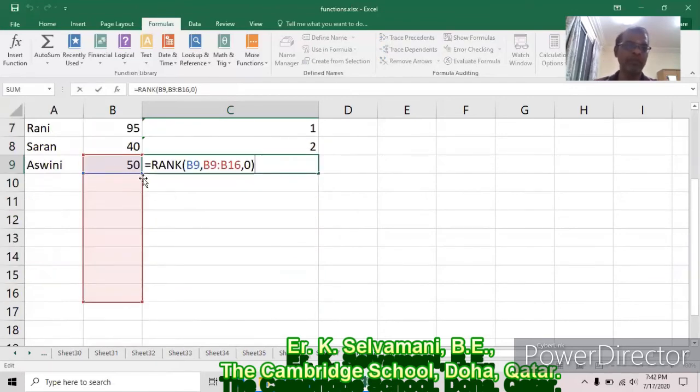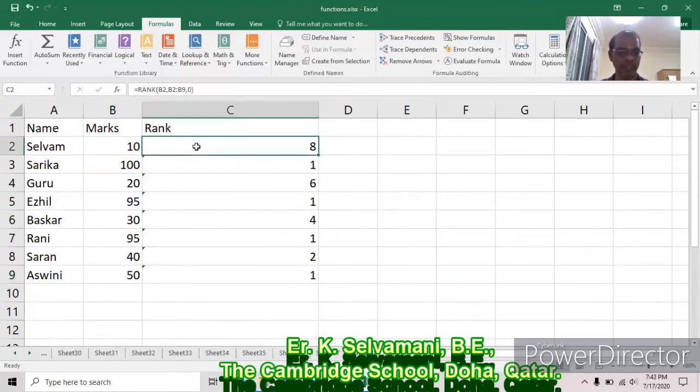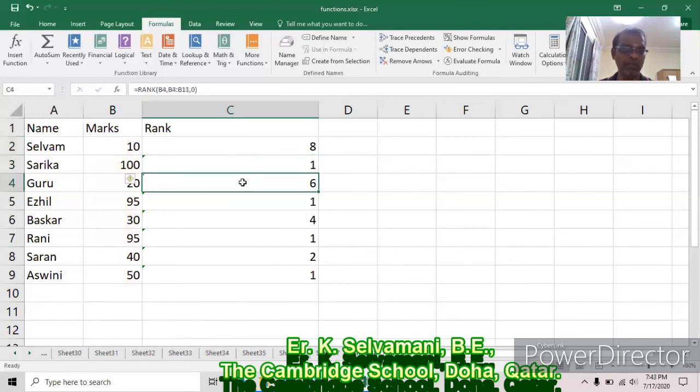Here in descending order, 50, where will it come from B2 to B9? Still the range of values should be B2 to B9. The range of values should not change. See here, the value B2 should be changed to B3, whereas the range of values B2 colon B9 should not change here, as well as here.